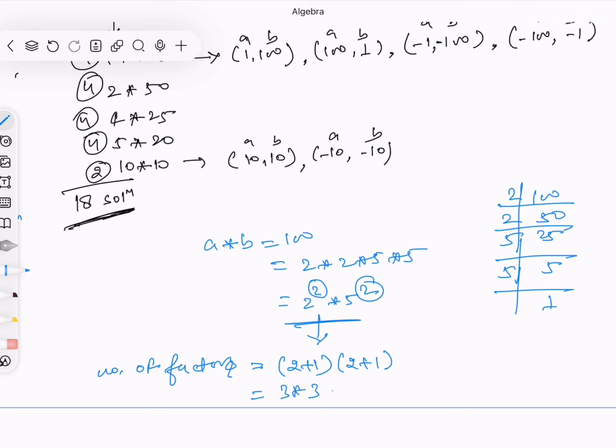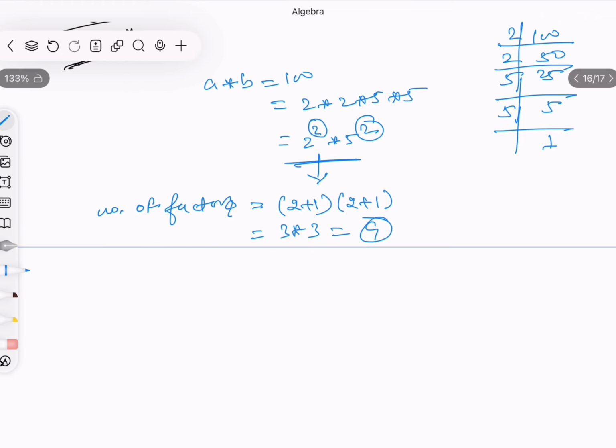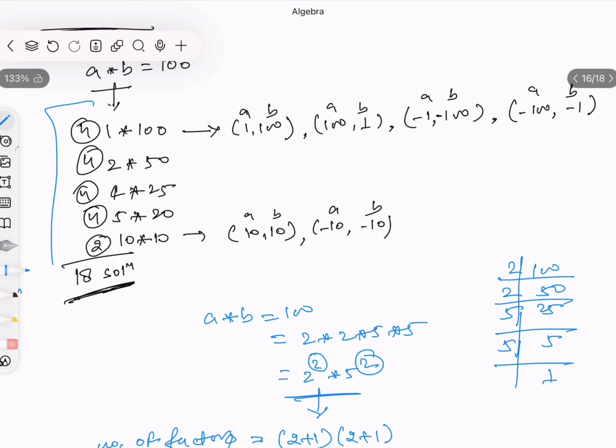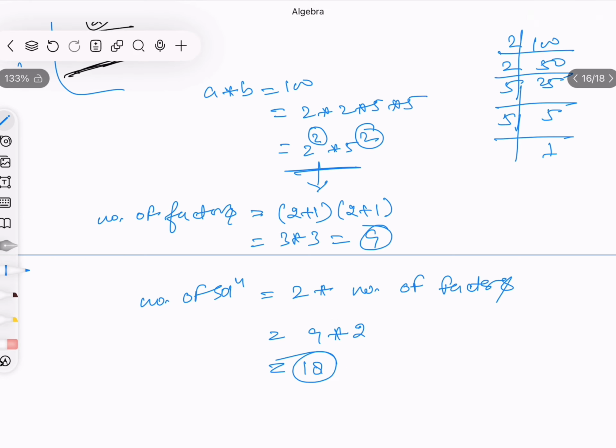And the number of solutions is 2 times the number of factors. So the number of solutions will be 9 into 2, that is 18. So either you could do all of this, or you could just do this and you have your number of solutions.